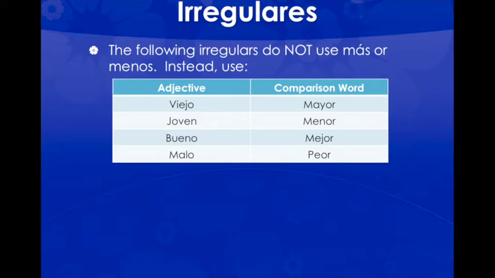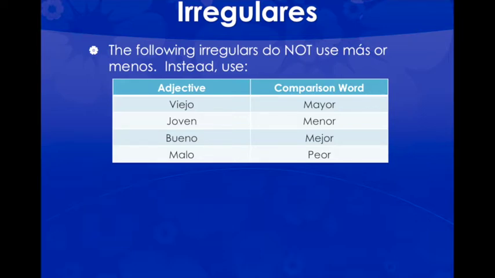In English, we don't even say more good, we say better. And there's a word for better in Spanish as well, mejor. And instead of saying more bad, we say worse. And in Spanish, that is peor. Notice how they all end in R, so you don't have to make them agree in gender. However, if they are plural, you need to make them agree in number.